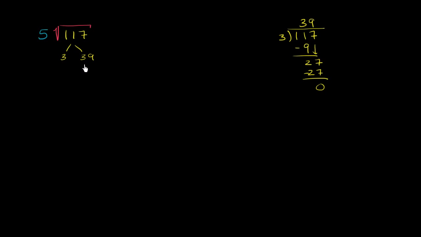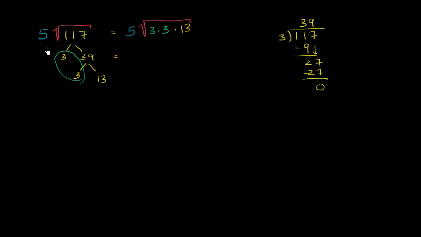Now 39 we can factor; that jumps out more at us. That's divisible by 3. That's equivalent to 3 times 13. And then all of these are now prime numbers. So we could say that this thing is the same as 5 times the square root of 3 times 3 times 13.